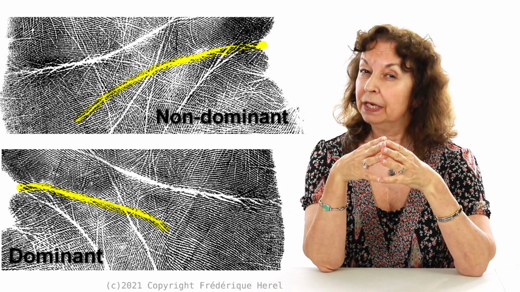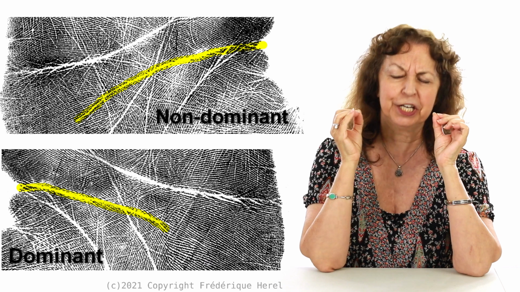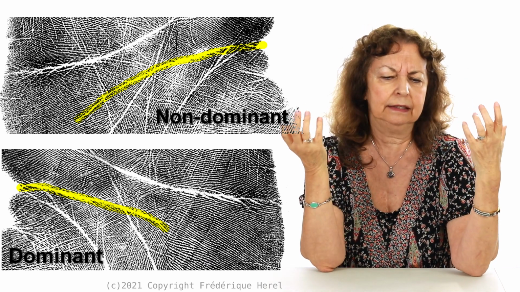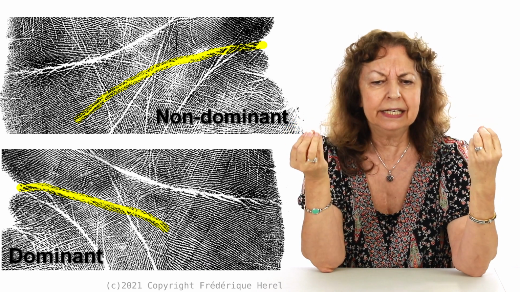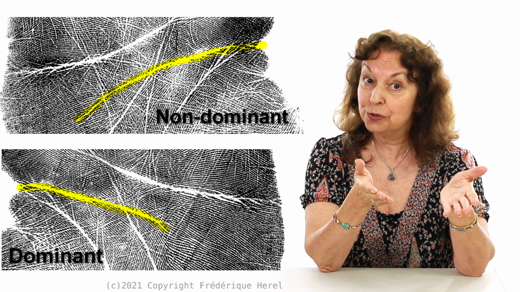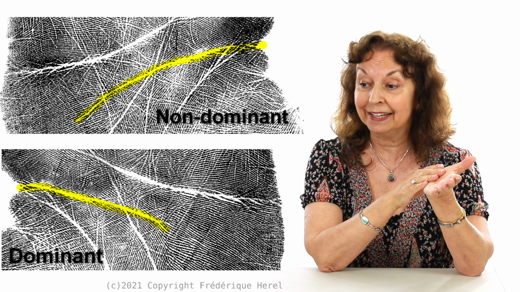So what's happening with this person is, even though she's very generous and wonderful and really a very kind person who will do anything for the people who are close to her, so it's more her private hand, a non-dominant hand.